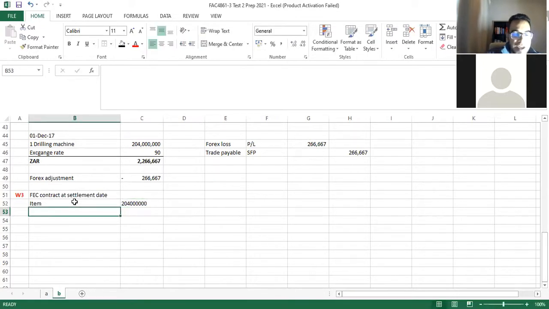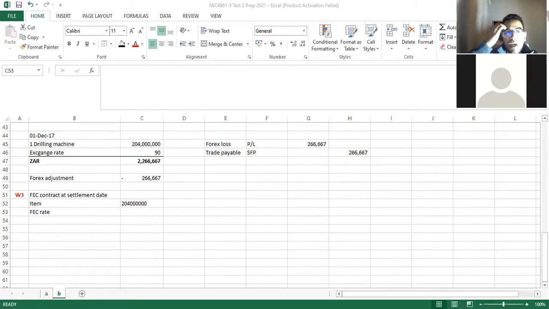The rate in the contract, the FEC rate, let me just go read it quickly again. Where did they tell us now? So just have a look at it.